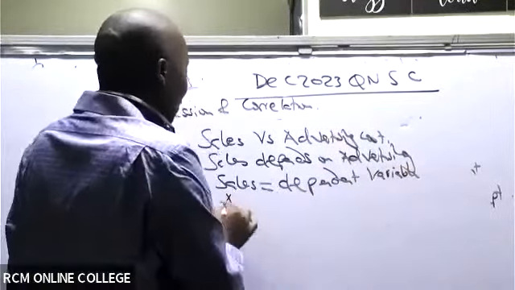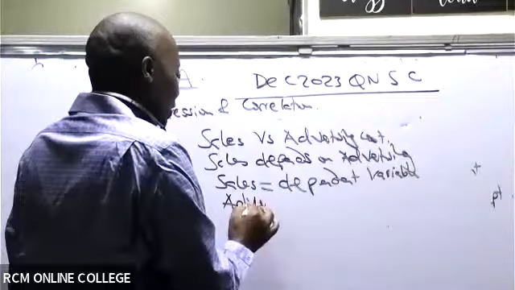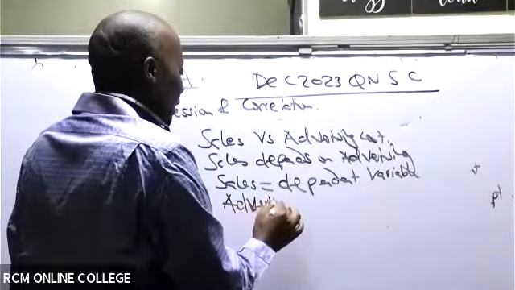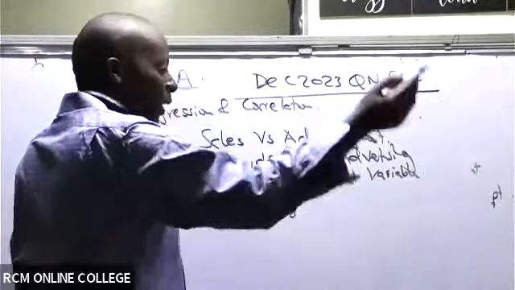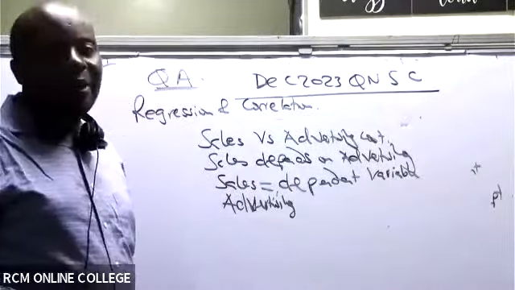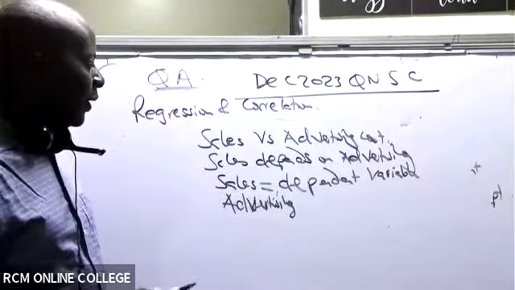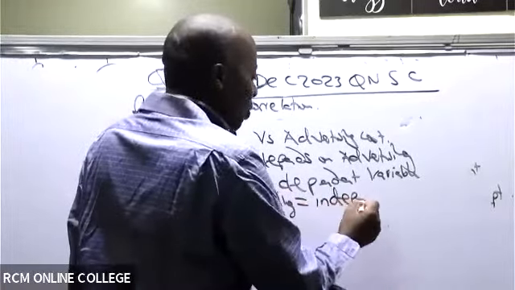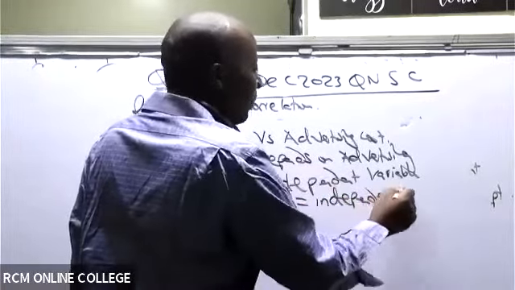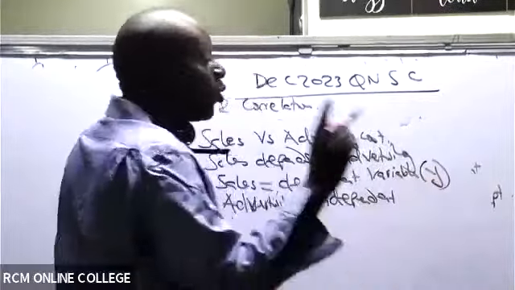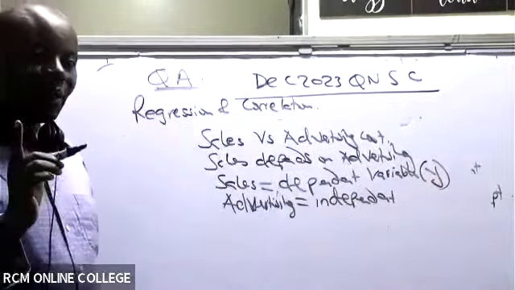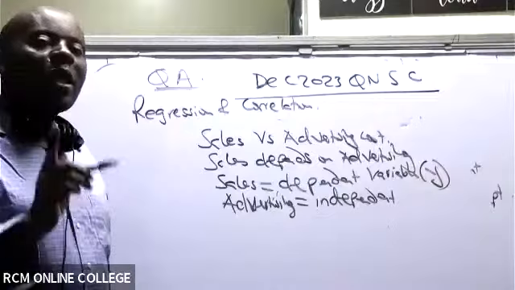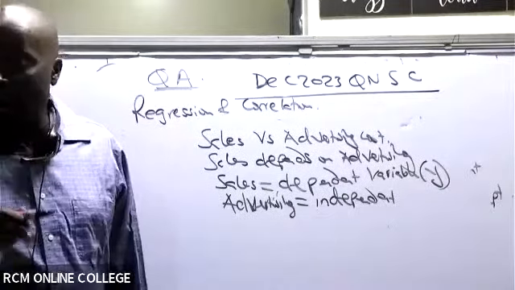And then we have advertising. Advertising will be on the other side of the coin. So in this case, the advertising cost will become independent. Remember, the dependent variable is always your Y variable.